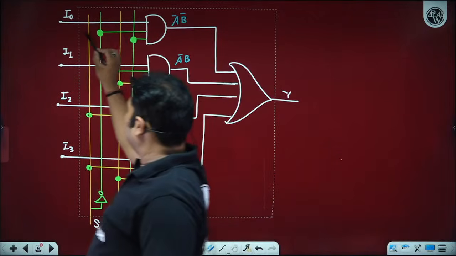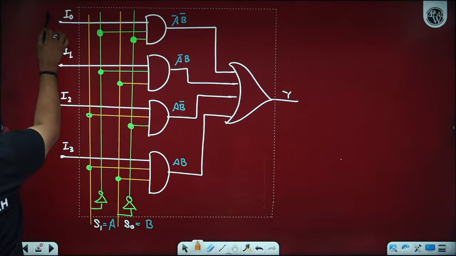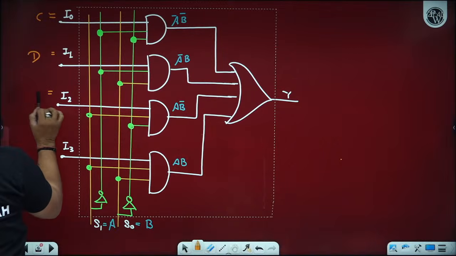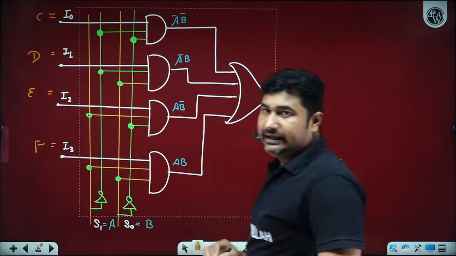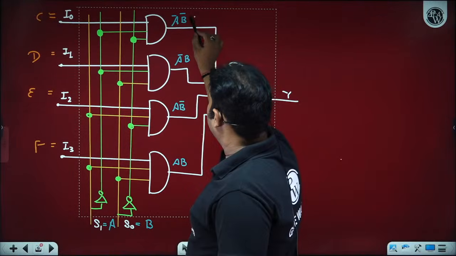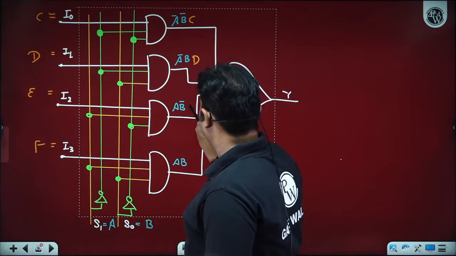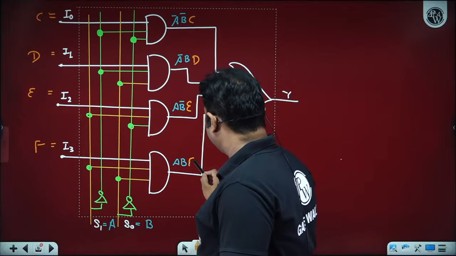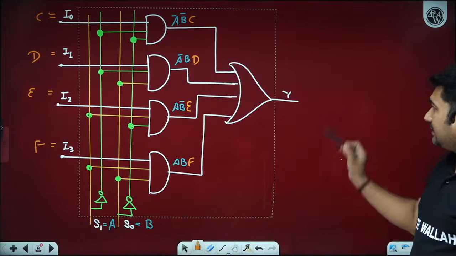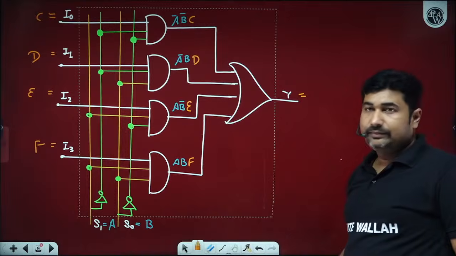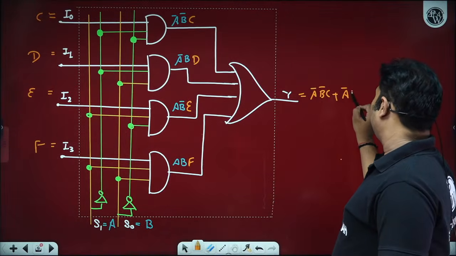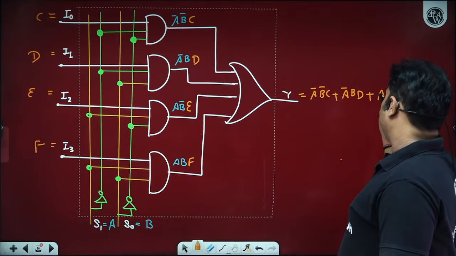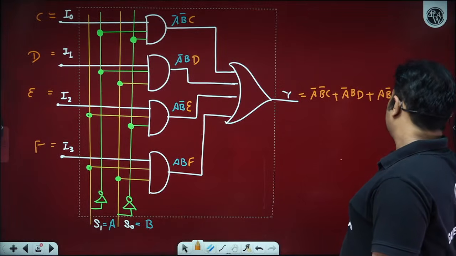And suppose we have here C, D, E, F. So depending upon the A, B condition, one of the output lines is going to be high. How many of you are able to understand this output perfectly? So we have A bar B bar C plus A bar B D plus A B bar E plus A B F.